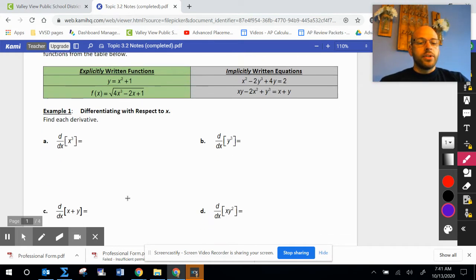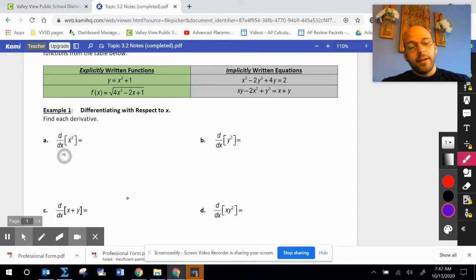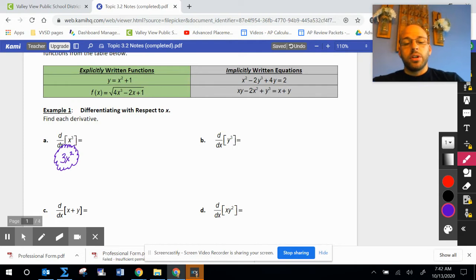If you take a look at example 1, that's the old problem that we did. d over dx means to differentiate with respect to x, so I get 3x squared using my power rule as my derivative. I'm going to come back to this problem and explain the difference between the two.